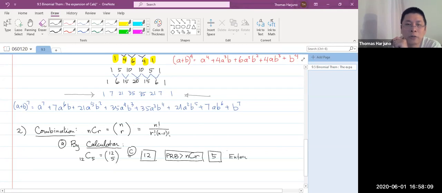Please use your calculator. Most of the time, you will use the calculator. Now let me show you using my calculator, which is TI-84. I know that you use TI-30 or TI-36, so make sure you know how to use your calculator.